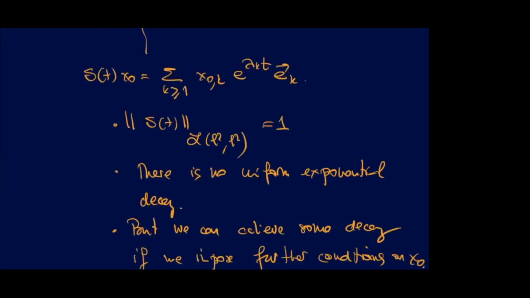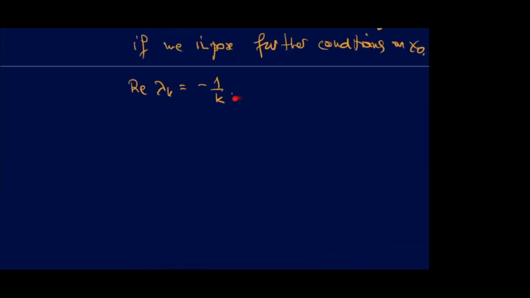So let me consider the example in which the real part of the eigenvalues is -1/k. Now, X0 being in L2 will simply mean that the sum of all the squares of the components is finite.